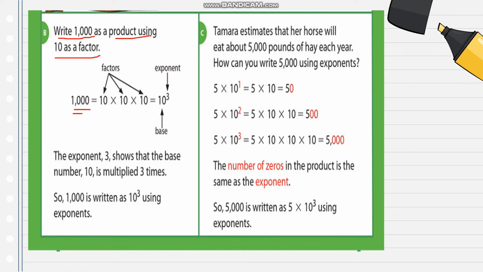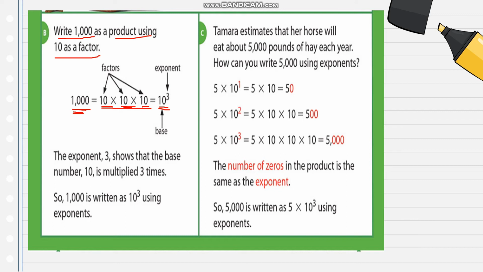So 1,000, the factors are 10 multiplied by 10 multiplied by 10. Because 10 multiplied by 10 multiplied by 10 is equivalent to 1,000, or if we're going to write using the exponential form, the base is 10 and the exponent is 3 because you multiply 10 3 times. That's why 10 cubed is equivalent to 10 multiplied by 10 multiplied by 10, and that is equivalent to 1,000.